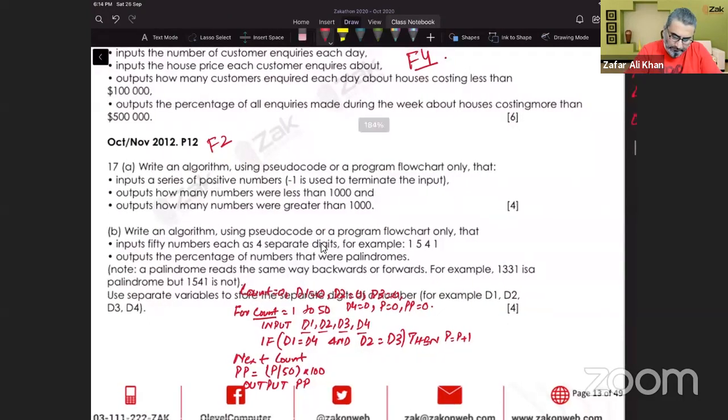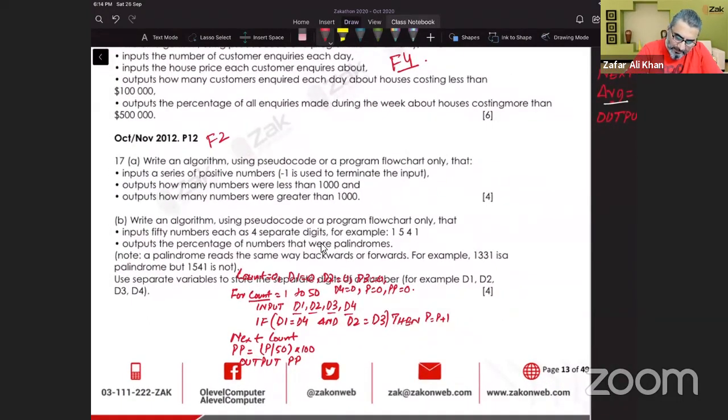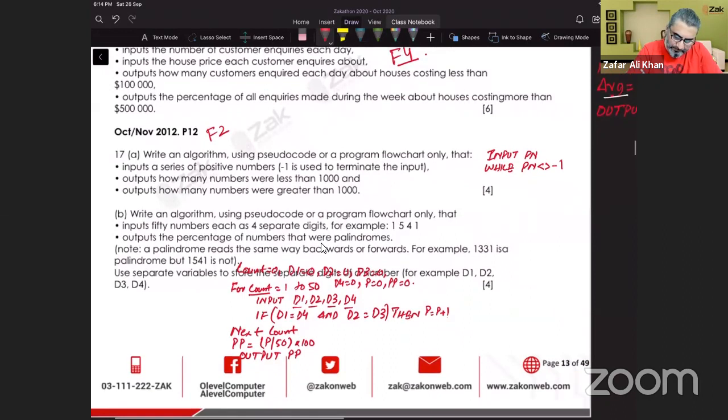So again, input a positive number while positive number is not equal to -1. They ask how many are less than 1000 and how many are greater than 1000.